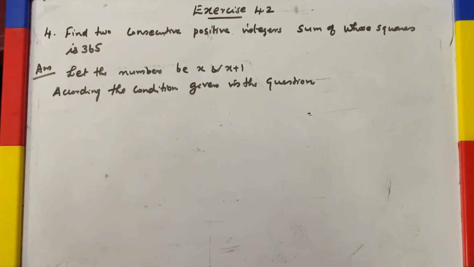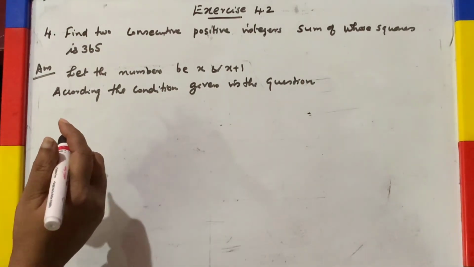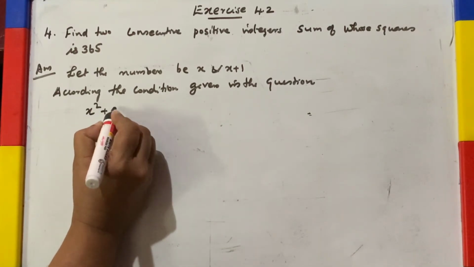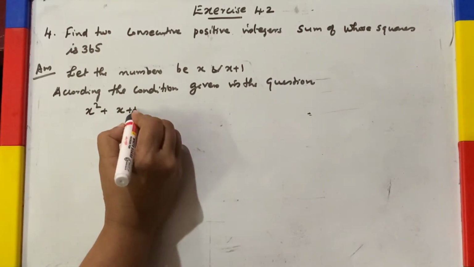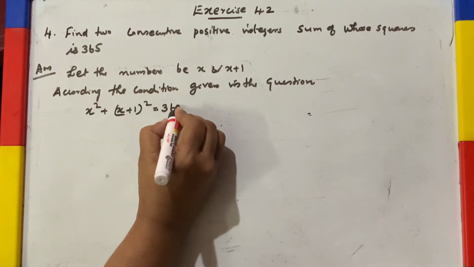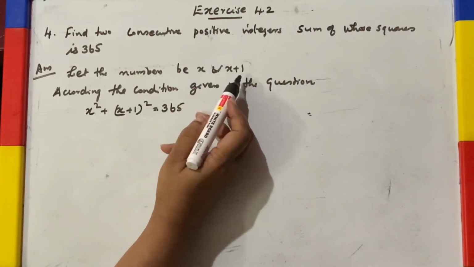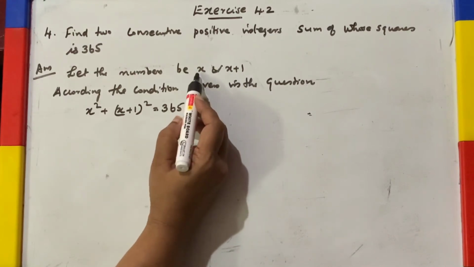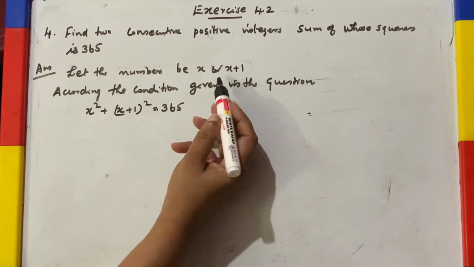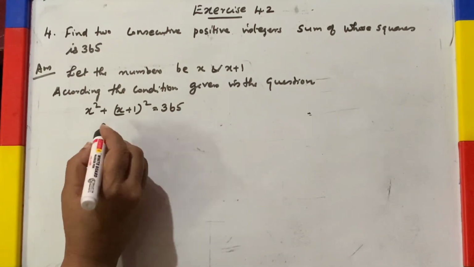That means x square plus x plus 1 the whole square is equal to 365, because the numbers are x and x plus 1. So, the sum of their squares, that means the square of this plus the square of this is equal to 365.